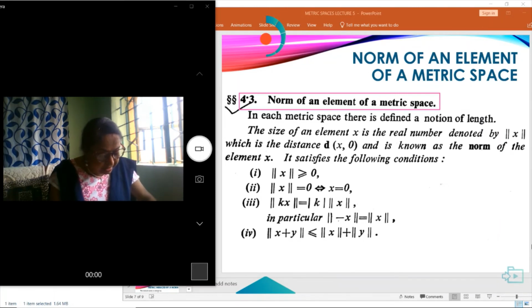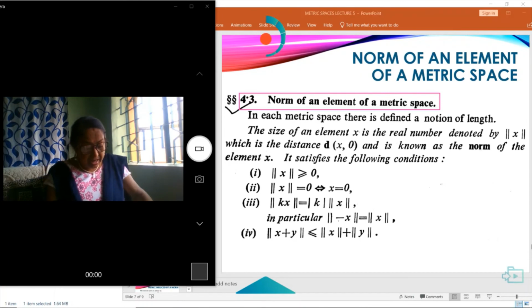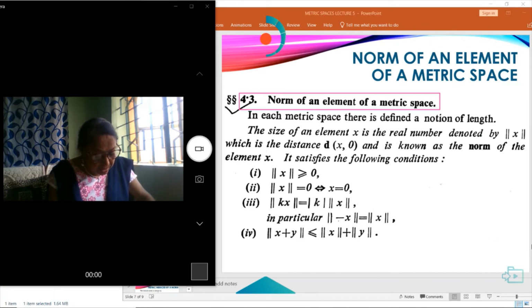It satisfies the following properties. Norm of x is greater than or equal to 0. Norm of x is equal to 0 implies that x is equal to 0. Norm of kx is equal to modulus of k times norm of x, and norm of x plus y is less than or equal to norm of x plus norm of y.